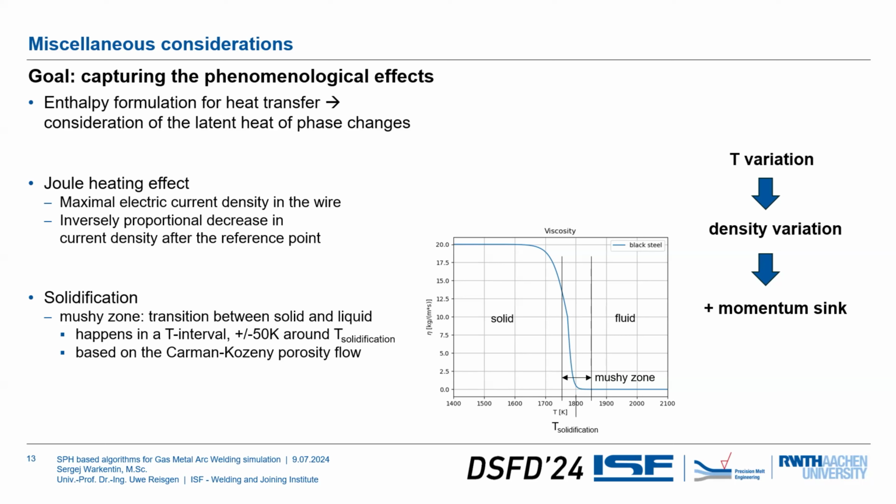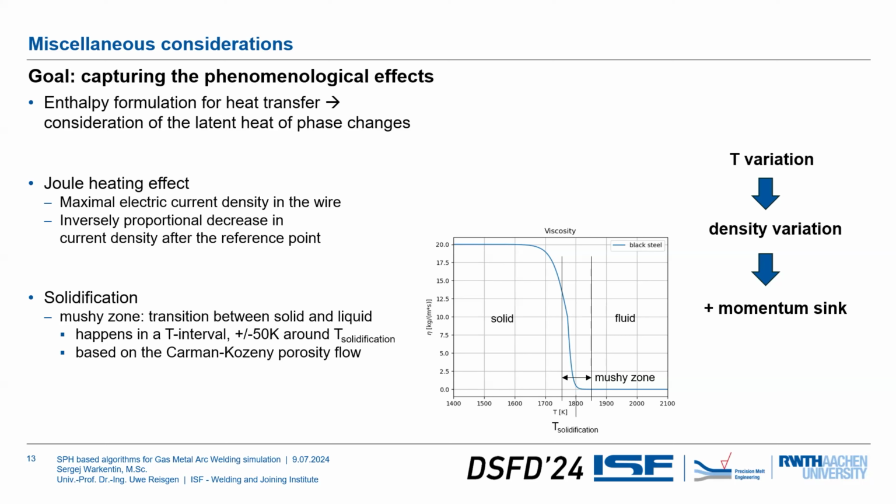This is a concept because the solidification does not happen at one temperature, but in a temperature range. When the dendrites, so the crystals, begin to grow, they produce kind of an obstacle for the flow field, and so we have to consider a momentum sink in the momentum conservation, and this is done based on the Carman-Kozeny porosity flow.